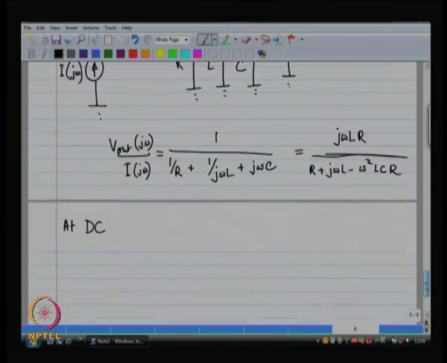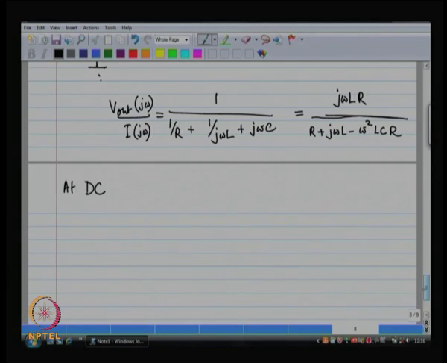So, if the inductor is a short circuit, then the output voltage should be equal to 0, which means that the voltage output divided by the current is also going to be equal to 0. So, I plug in omega equal to 0, numerator becomes equal to 0, denominator is R. So, naturally the result is equal to 0.